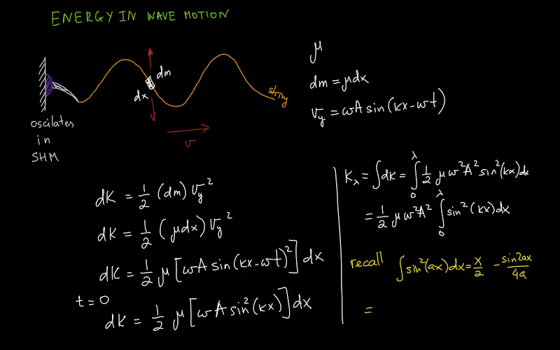So that equals 1/2 mu omega squared A squared, and I'm going to write it this way: x over 2 minus sine 2kx over 4k, and then I have 0 and lambda for the limits.